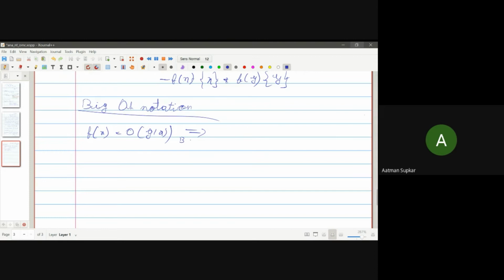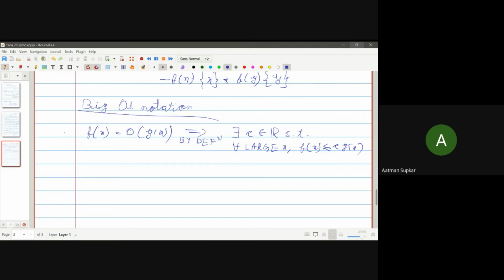It implies, by the definition of big O, that there exists c belonging to R such that, for all large x, f(x) is less than or equal to c times g(x).